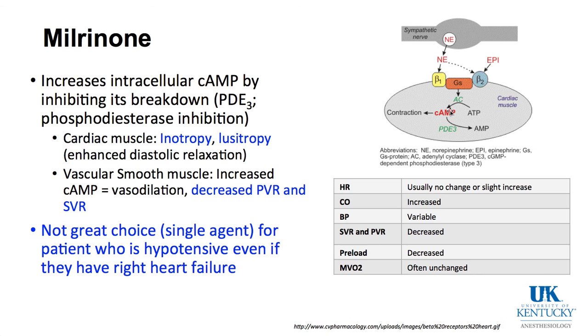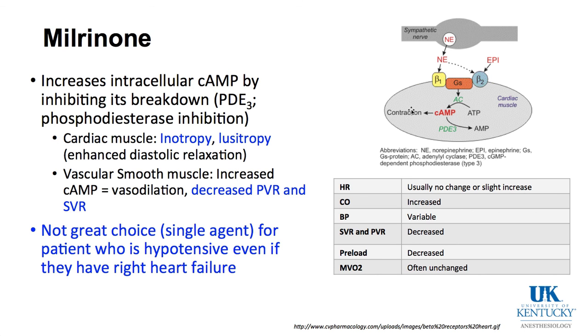Cyclic AMP is increased via beta receptors, epinephrine, norepinephrine, and G proteins, which increase formation of cyclic AMP, resulting in increased cardiac contraction. If you add on to that catecholamine, or alone, and inhibit phosphodiesterase, you inhibit the breakdown of cyclic AMP, so you get even more contraction.